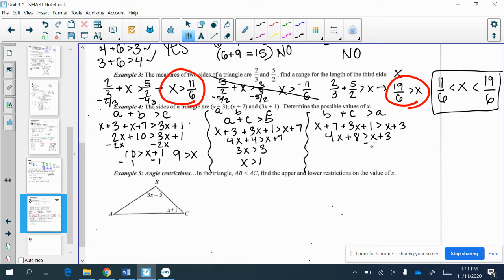And then again, solving this, 3x plus 8 is greater than 3. x is greater than negative 5. X is greater than negative 5/3. Can't have a negative number, so that's not going to work.